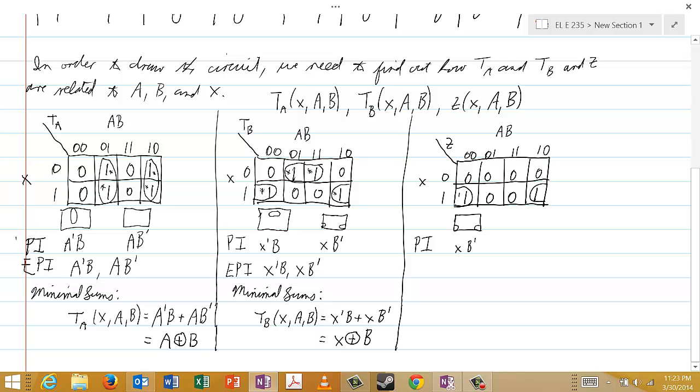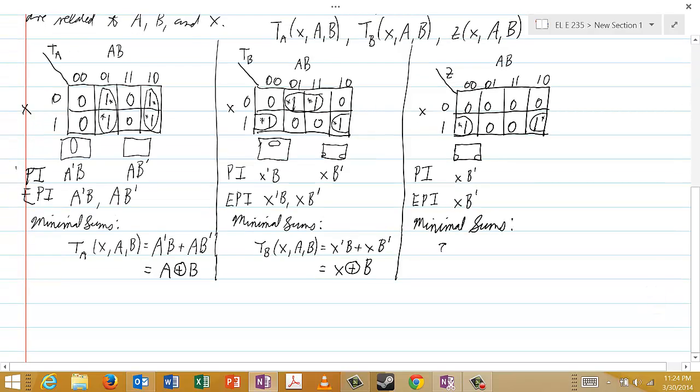And of course, both of those one cells are essential. So XB prime is essential, and the minimal sum will simply be Z of X A B is equal to X B prime.